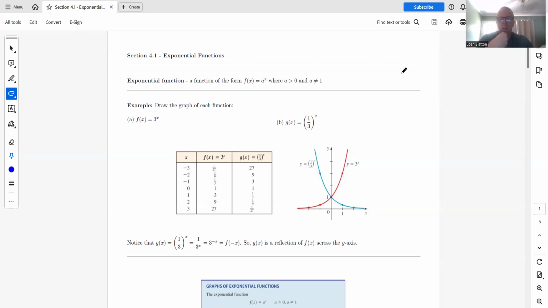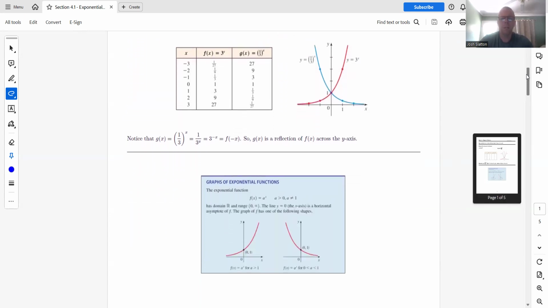Whenever you have two exponential functions that are reciprocals of each other, they're just reflections of each other, because you can always write 1/3 to the x as 3 to the negative x. That's how that always works out, and you could see them written either way, depending on the problem.